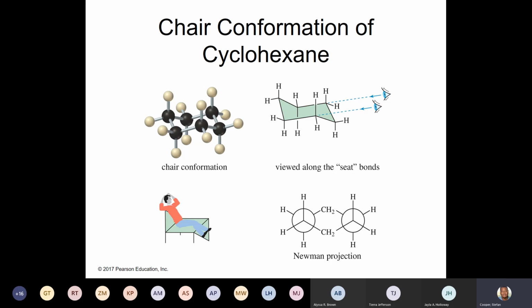On the second side, if I'm not acyclic, I am cyclic. Someone appropriately just told me about ring strain. They told me that ring strain is a combination of two things: angle strain and torsional strain. Angle strain comes from the fact that when I have to make certain rings, my bond angles are deviating.